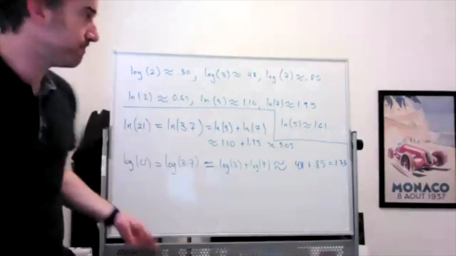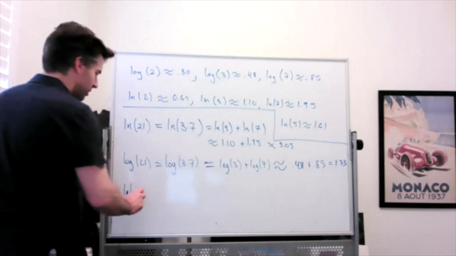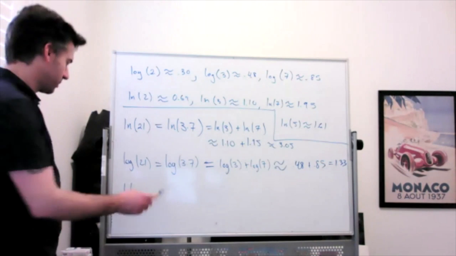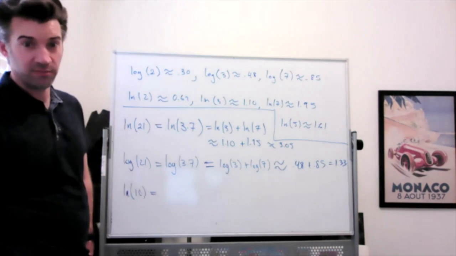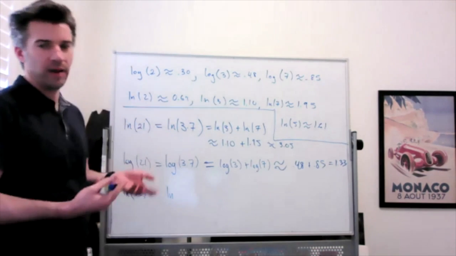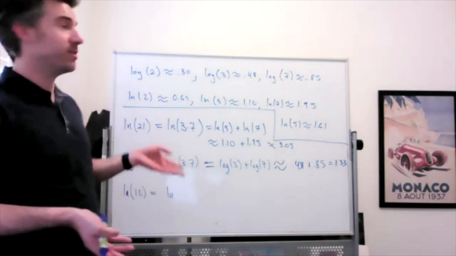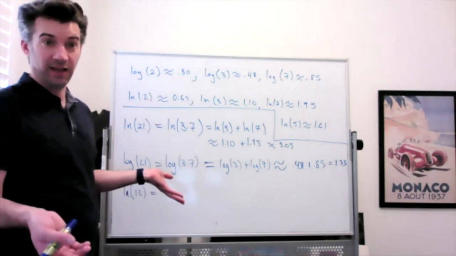All right, let's do a few more. So these first ones I think are pretty straightforward. They want the natural log of 10. How can I break up 10? Well, there's only one sensible way in this context to think about multiplying to 10, which would be 2 times 5.